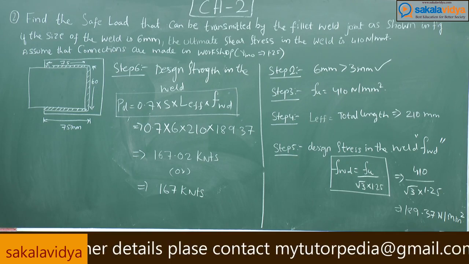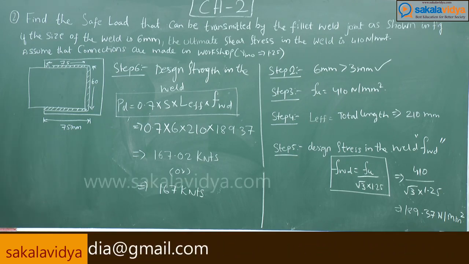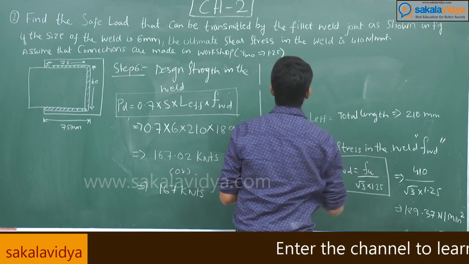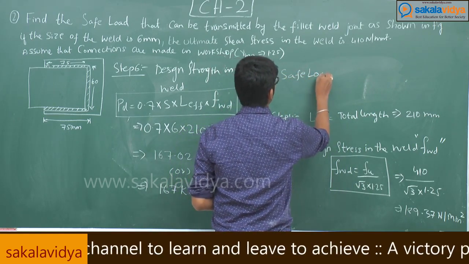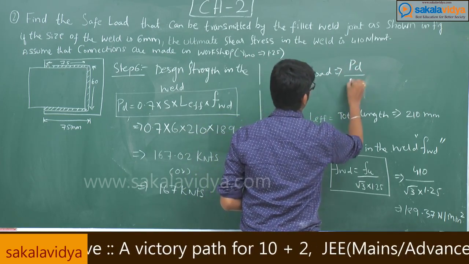But in the question what is given? You have to find the safe load. So what is the formula to find the safe load? Safe load is equal to design load, that is PD by 1.5.